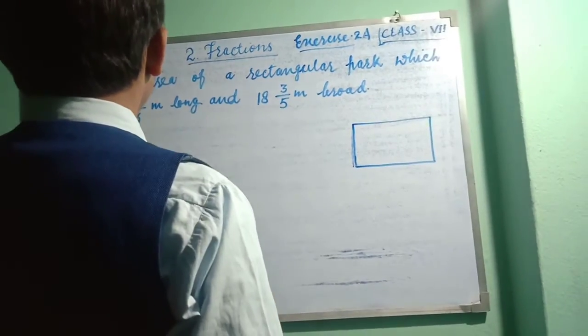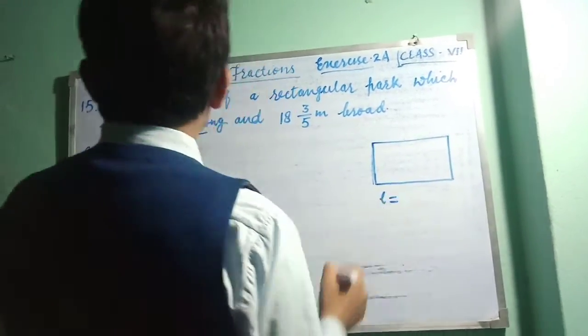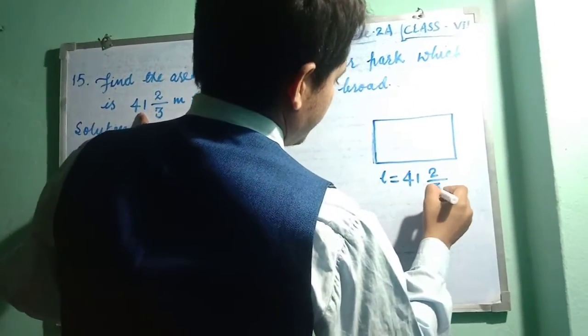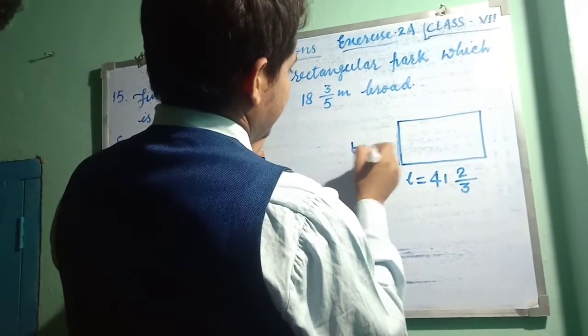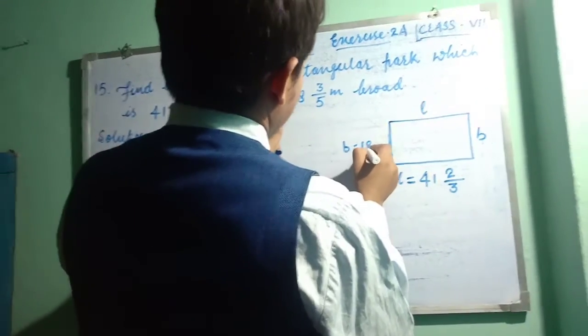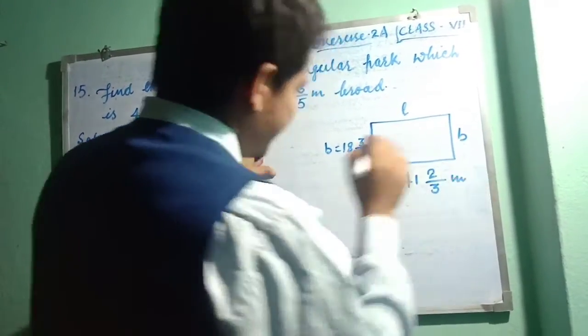This is the long side, this is length, you can say L as length, 41 2/3. And this is the breadth, B stands for breadth, this is B, this is L, 18 3/5 meter. These are given.